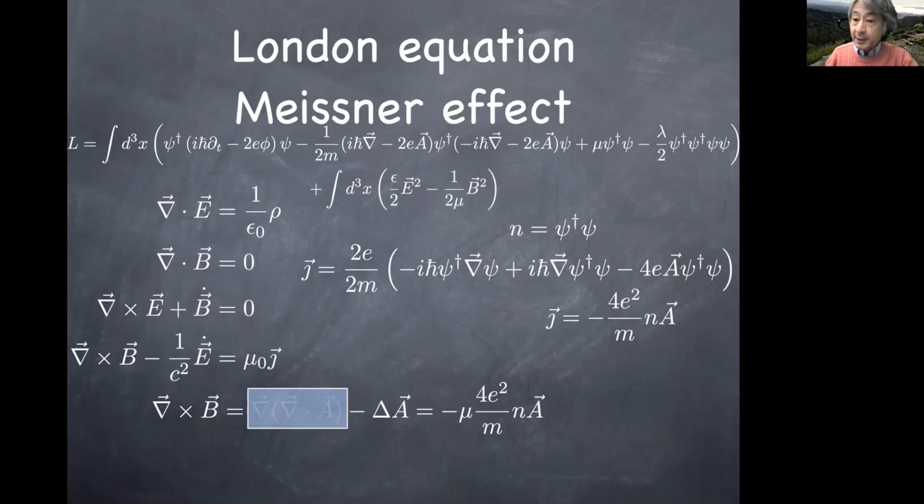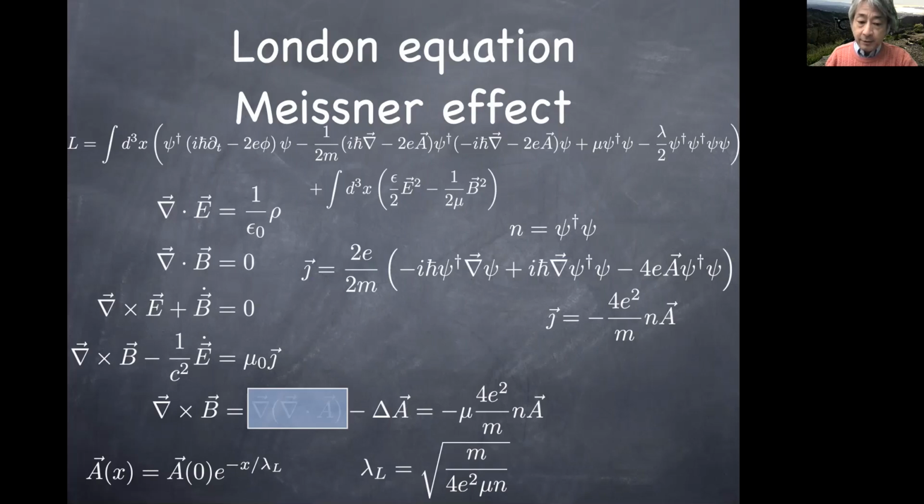And this is actually easy to solve. The Laplacian giving you just a number is immediately solved by an exponential damping function. So if A, the vector potential, has this exponentially damping form as a function of space, then this Laplacian does the derivative twice, acting on this x, pulling out 1 over lambda L twice.